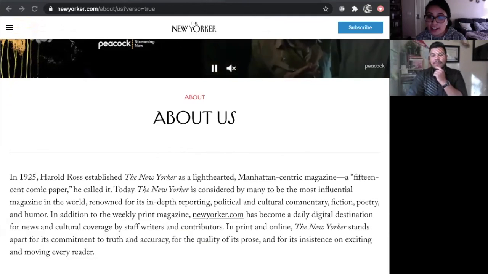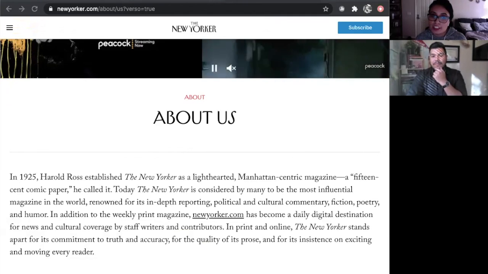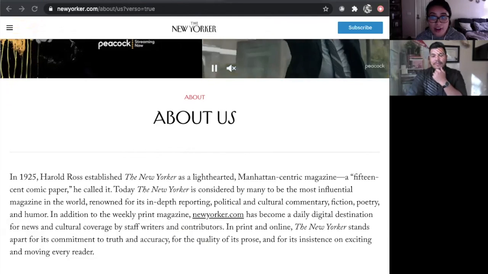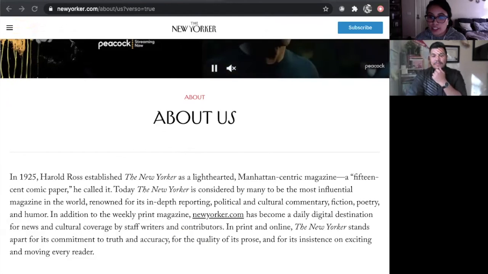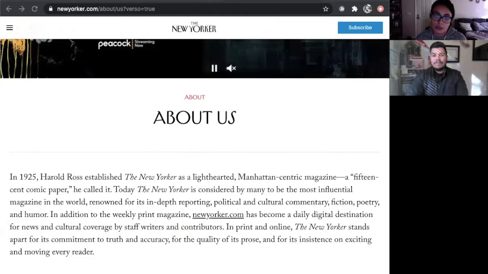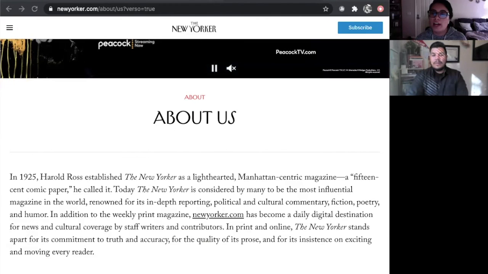"And in print and online, the New Yorker stands apart for its commitment to truth and accuracy, for the quality of its prose, and for its insistence on exciting and moving every reader," unquote. So they tell us a little bit more about their mission and their perspective. Nice. This is what I like to hear.